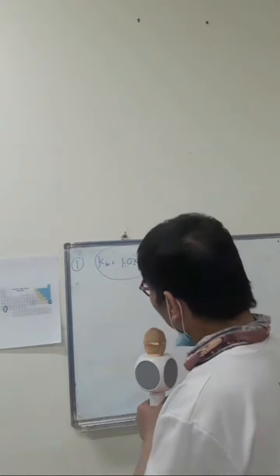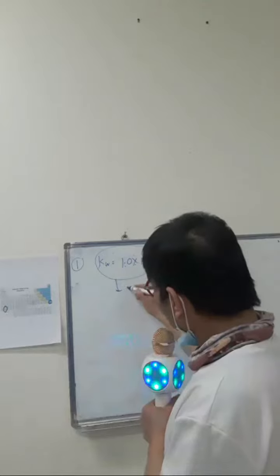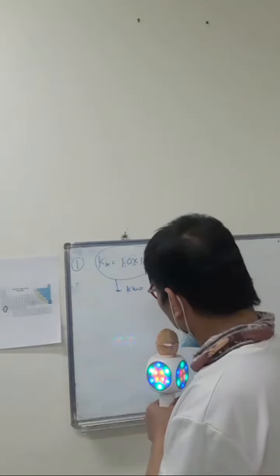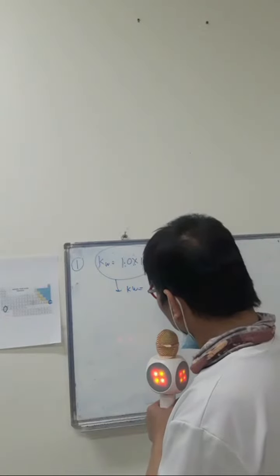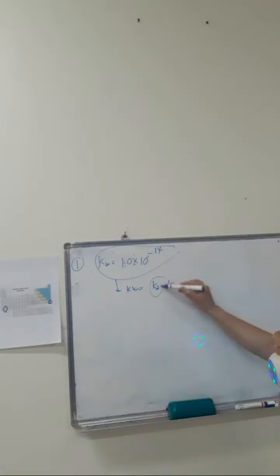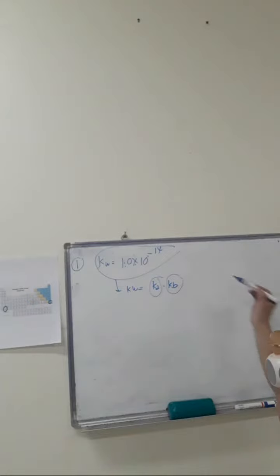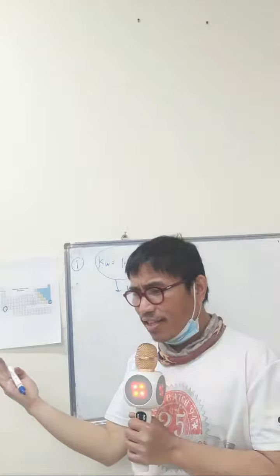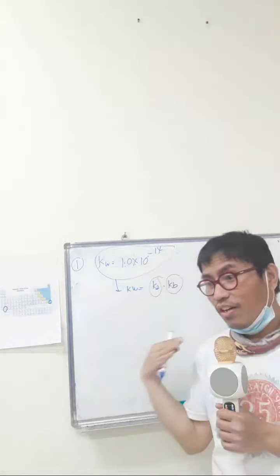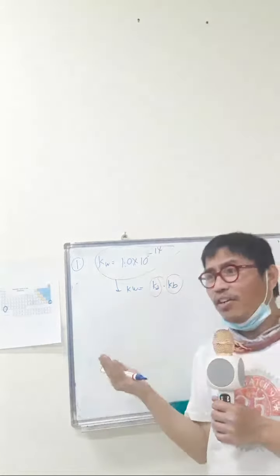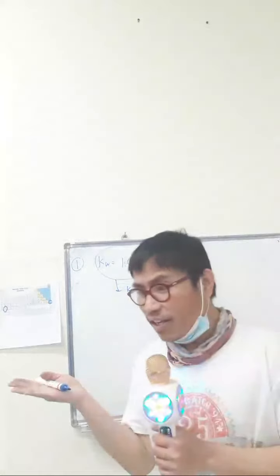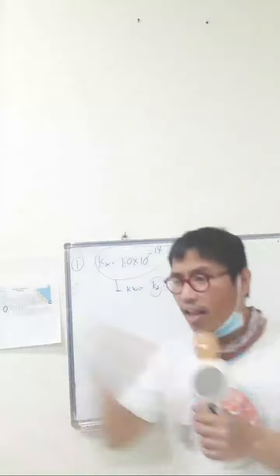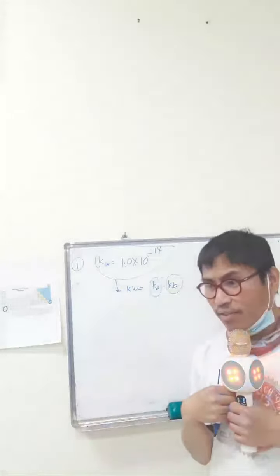The definition of Kw is the equilibrium constant of A times the equilibrium constant of B. Because water is amphoteric, meaning it can act as a base or as an acid, it depends on the partner. If the partner needs a proton, then he will give. If the partner doesn't need it, he will go to himself only.